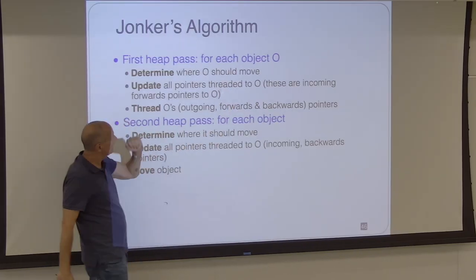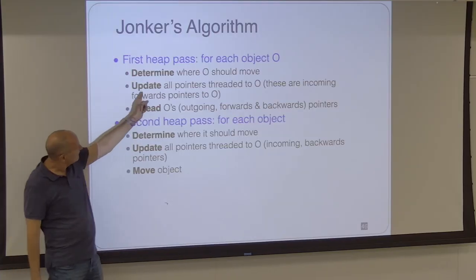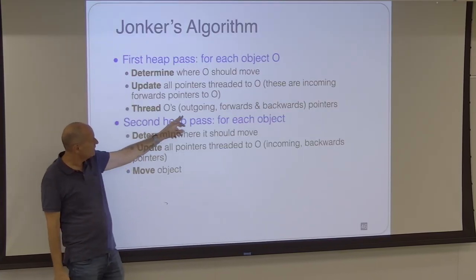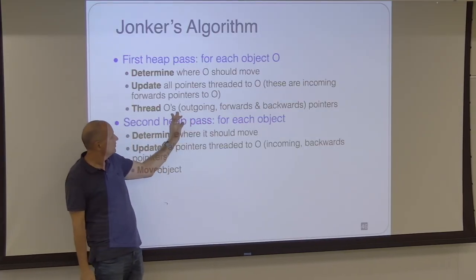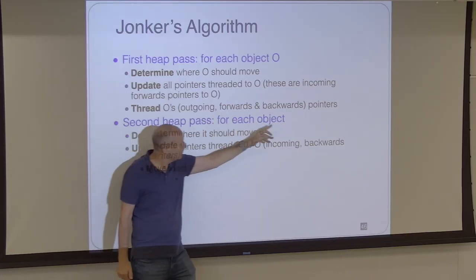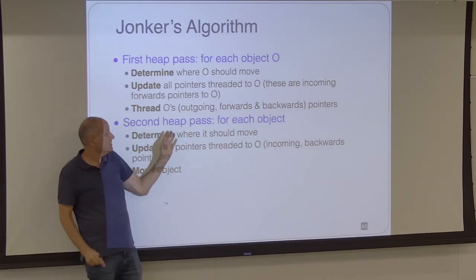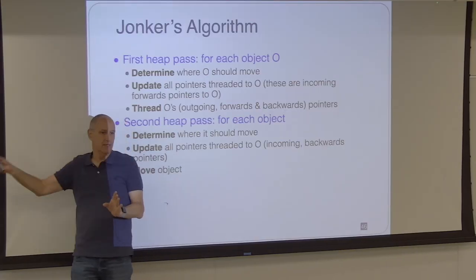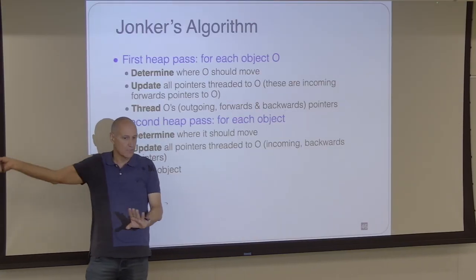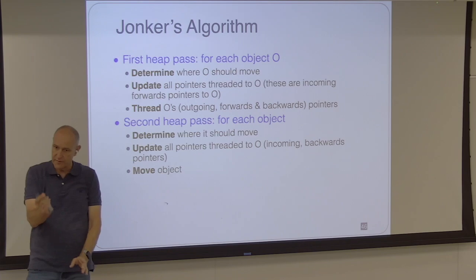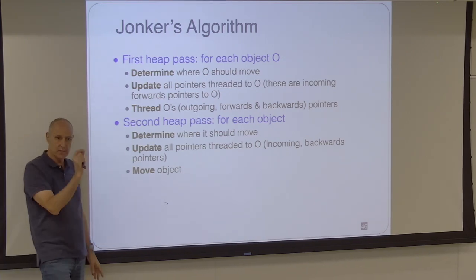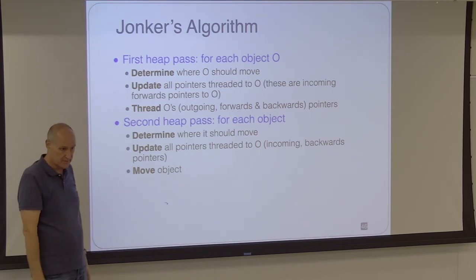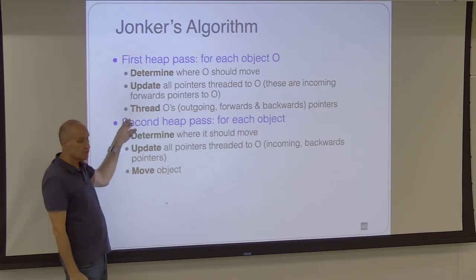So I update all these pointers, and then I look at all the pointers of the object, its outgoing pointers. They could be going forwards or backwards. I don't mind. I thread each of them to the object that they point to. Okay, so this is the first pass.